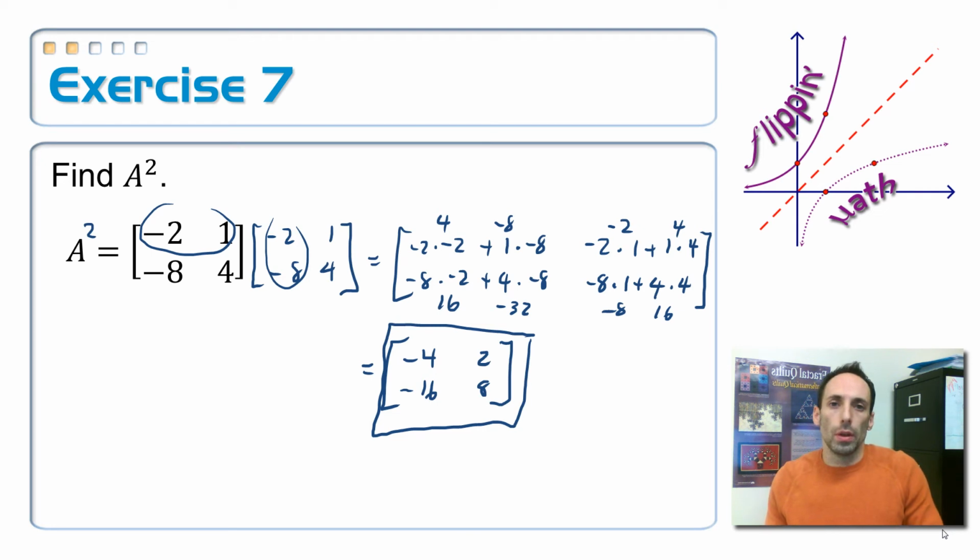So trying to make some connections to see if anything is true. Is A squared the same thing as all the entries inside the original matrix squared? Negative 2 squared would be 4, but I got a negative 4. Okay, so that's not true. Obviously not true. Is there some kind of shortcut, like squaring a matrix?